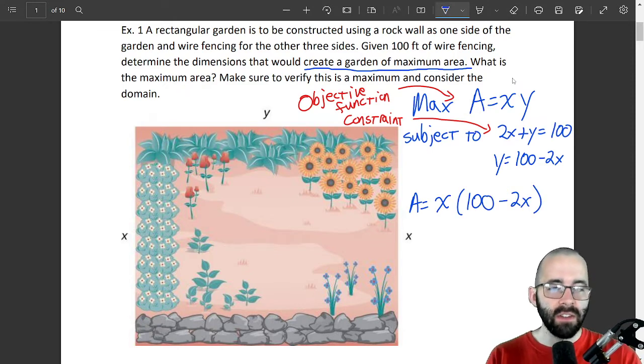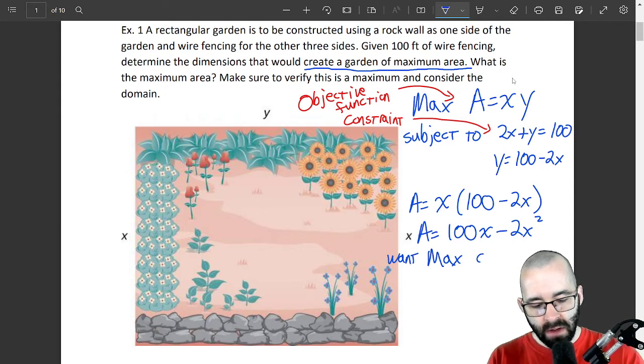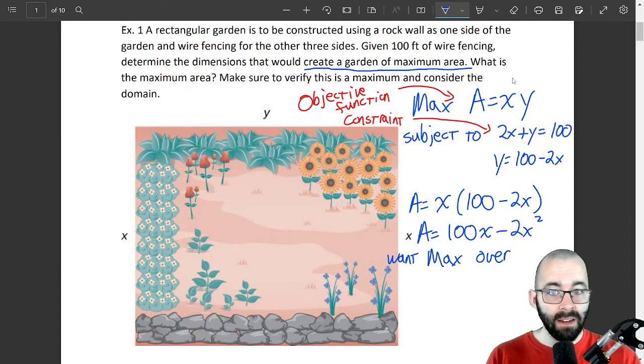And now we have a function of a single variable, and we want the absolute maximum. Let's rewrite this a little bit by distributing the x: 100x minus 2x squared. We want the maximum over our domain. What is our domain here? Well, x is the length. x has to be bigger than 0.